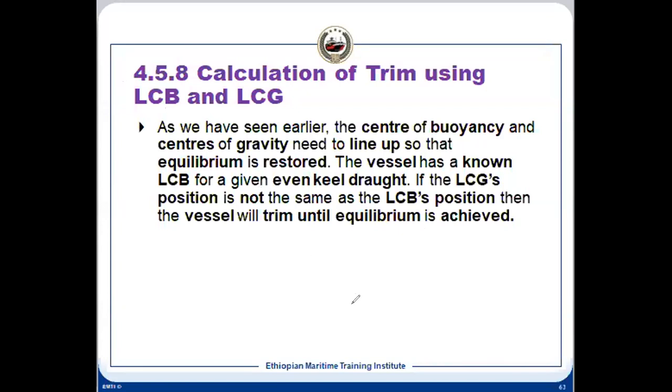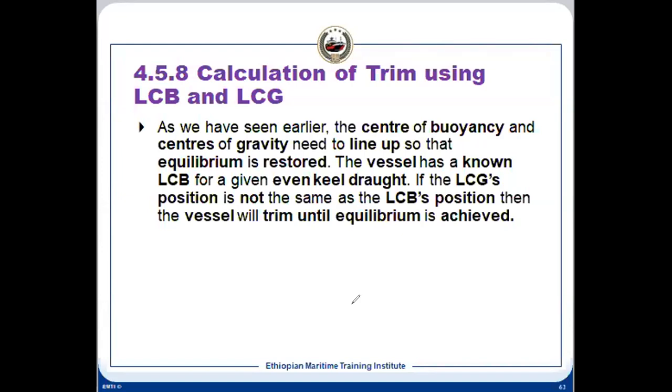Suppose there is a shifting of mass, then what will happen? The G will shift, and B will not be on the same line because G has shifted. But then what will happen? In equilibrium condition, it has to be on the same line. So what will happen? The ship will start trimming.